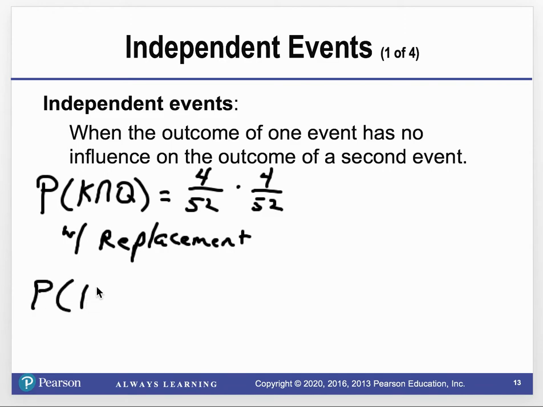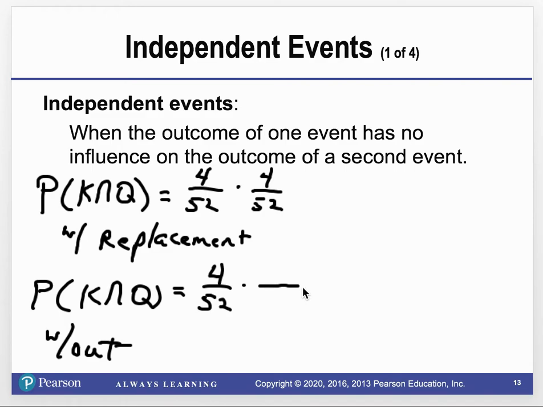But if you wanted to figure out the probability without replacement, the first draw is still the same. There's still 52 cards, and 4 of them are kings. But on that second draw, if you're still holding that king in your hand, there's now only 51 cards, right?